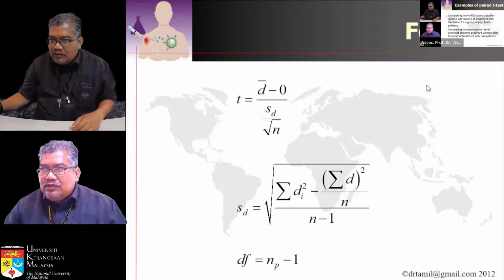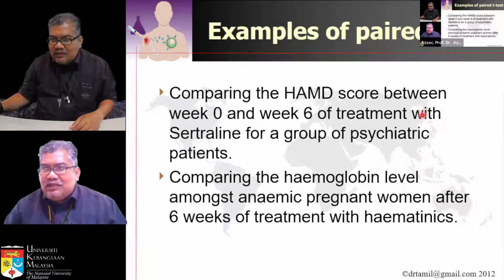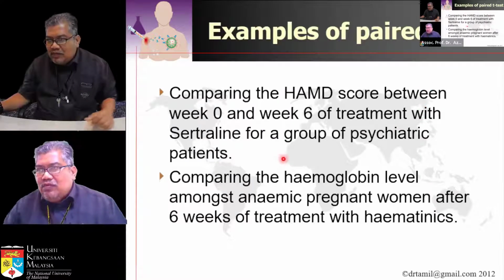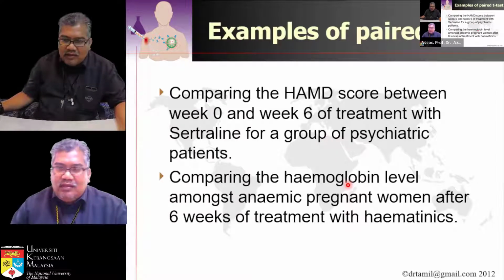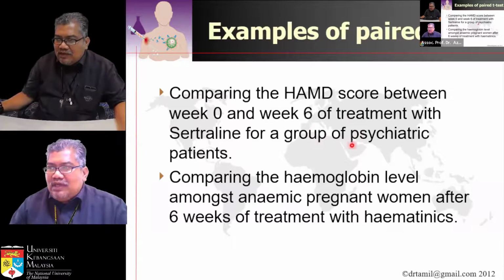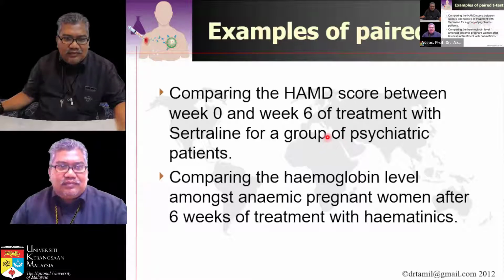Okay, so here are some examples. Hamilton score between week 6 and week 0 for the sertraline group. Or comparing the hemoglobin level among anemic pregnant women after 6 weeks of treatment with imatinib.